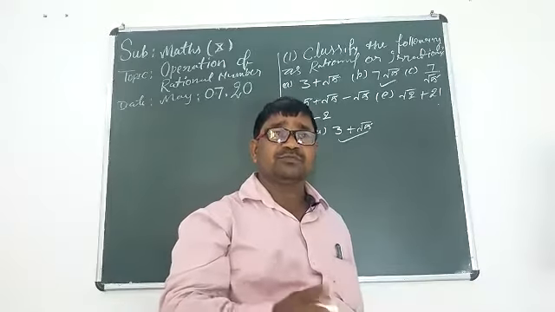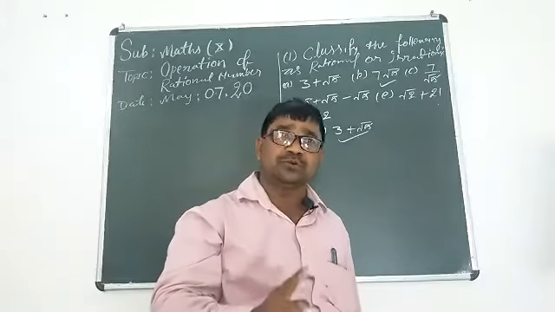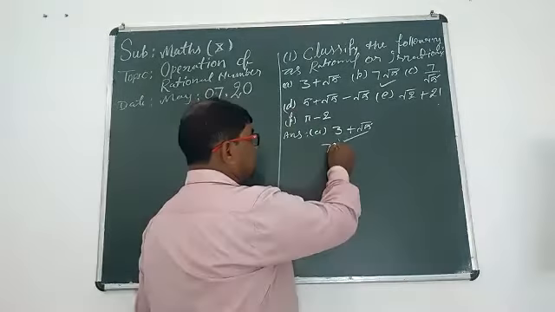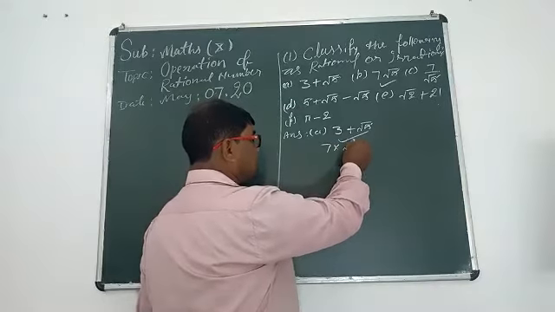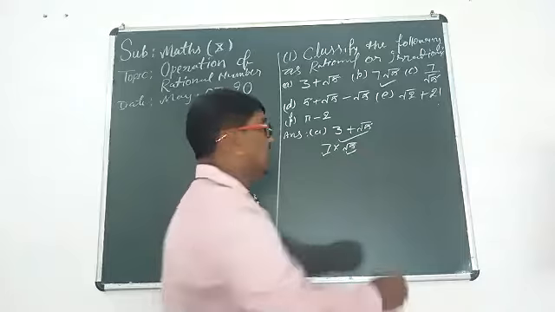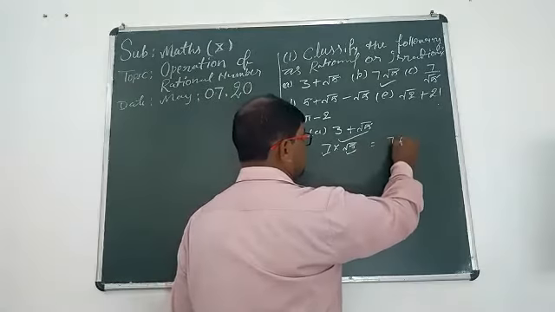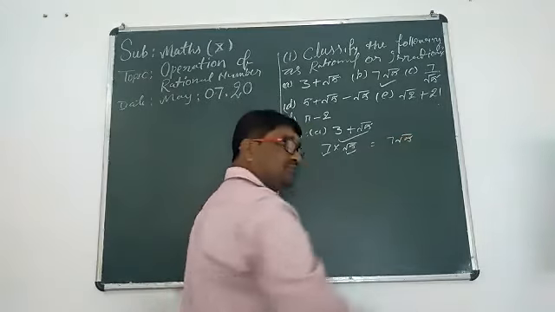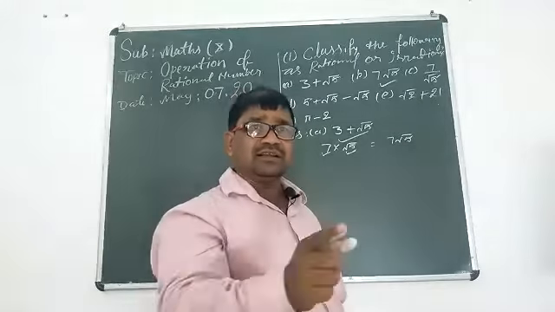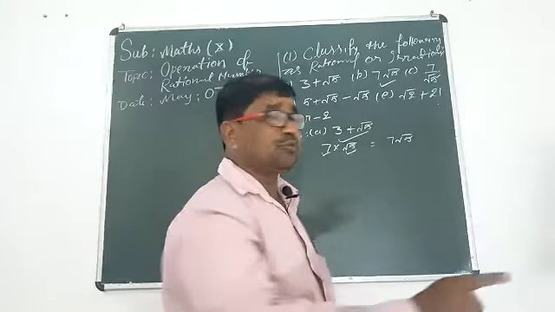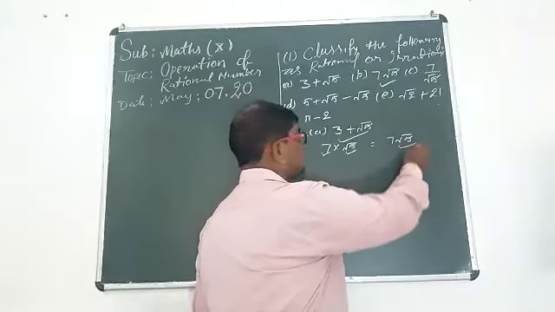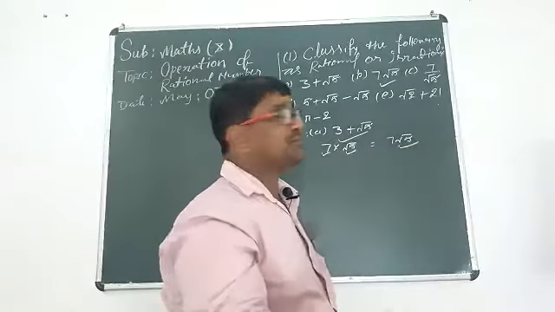This is rational, this is irrational, and this is the product of a rational and irrational. Product of rational and irrational is irrational. So this is an irrational number.